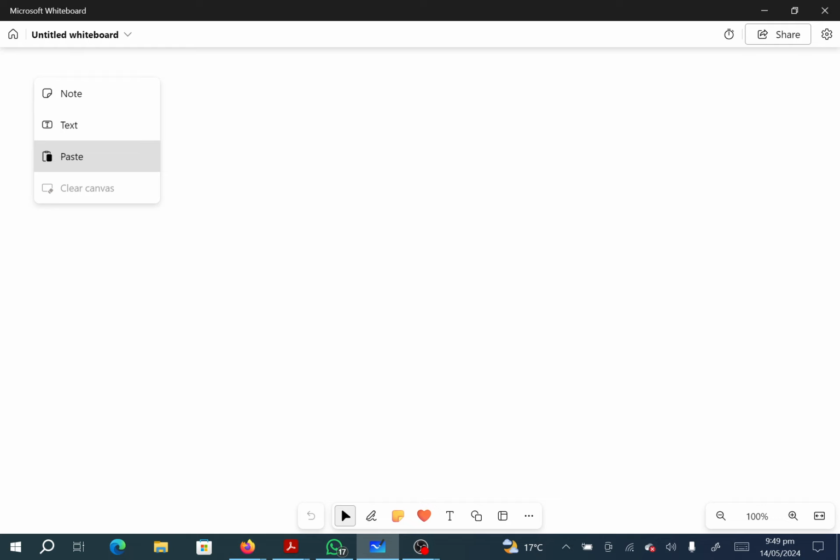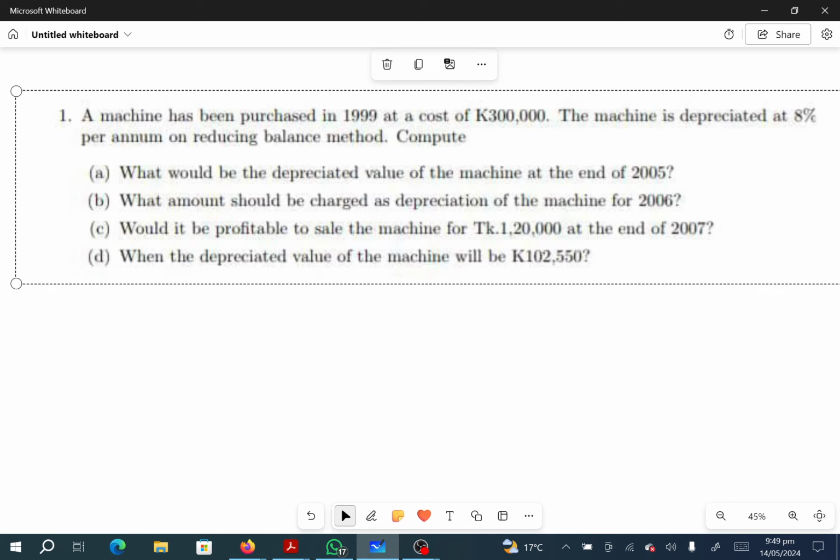We are told to find the year when the depreciated value of the machine would be 102,550.